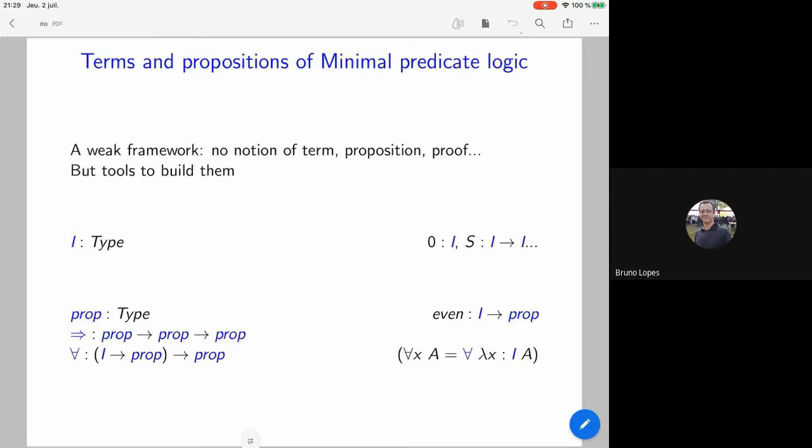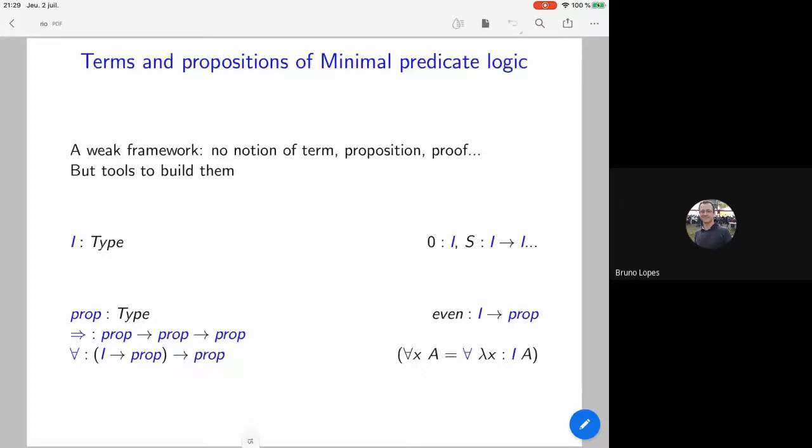And this technique is sometimes called higher order abstract syntax, but the idea is just that when you have a bound variable, you bind it with the lambda of the logical framework, and then you apply the symbol to this function.